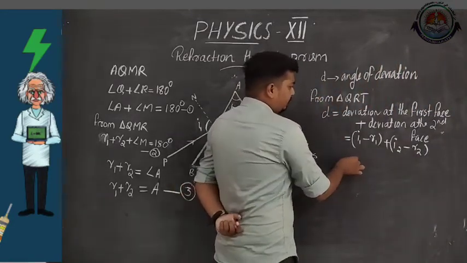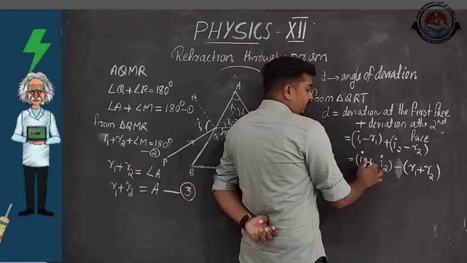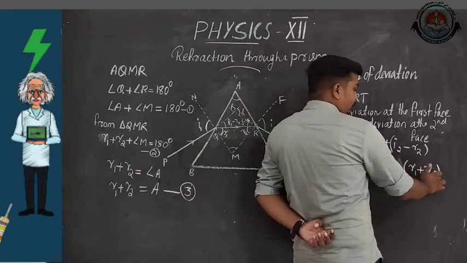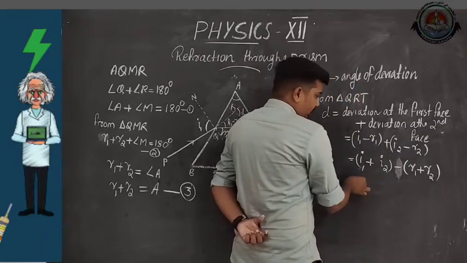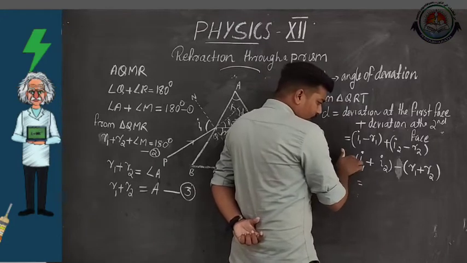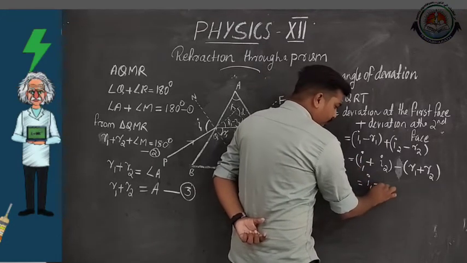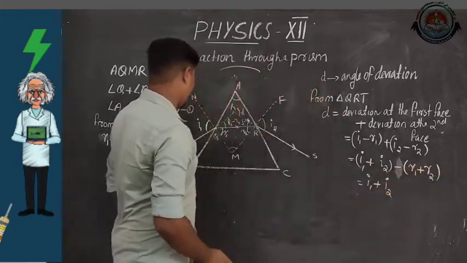Just simplifying this, it is I1 plus I2 minus R1 plus R2. What is R1 plus R2?